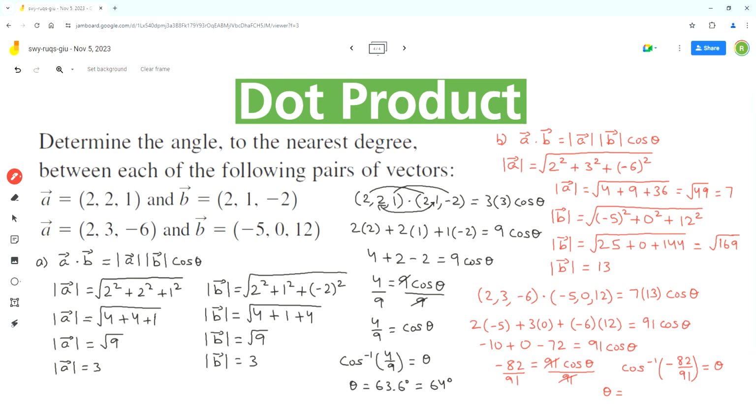So I got 154.3 degrees. And the angle rounded to the nearest degree will be just 154 degrees. So this should be the angle between the second pair of vectors A and B. So these are the steps you have to keep in mind to solve a problem like this one.